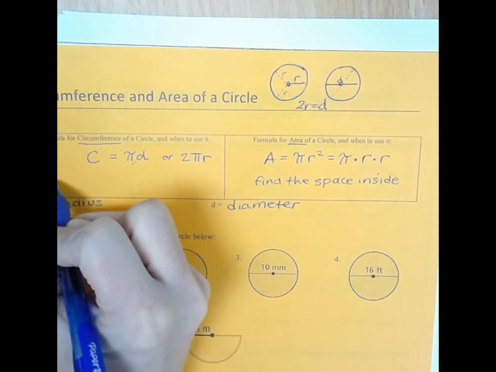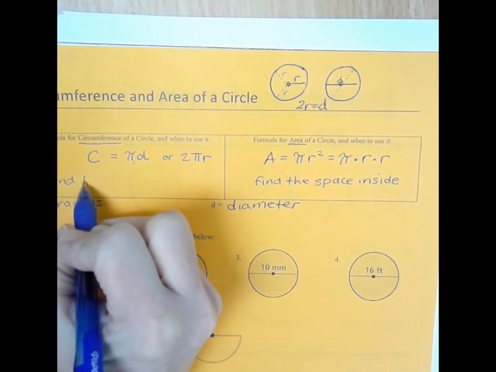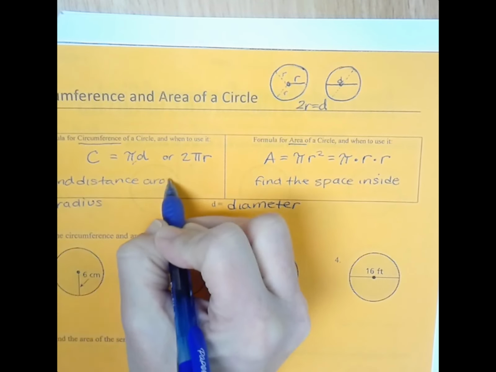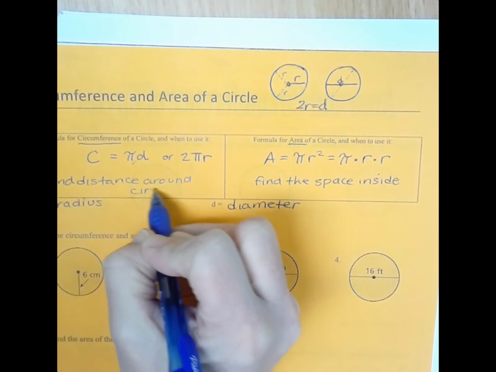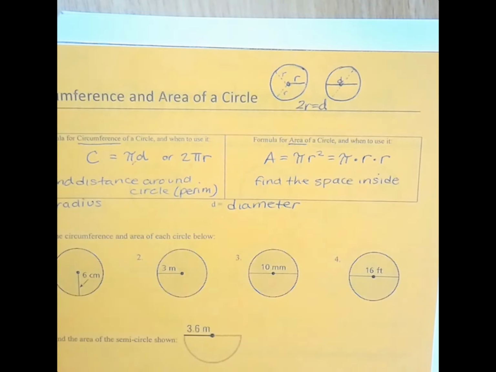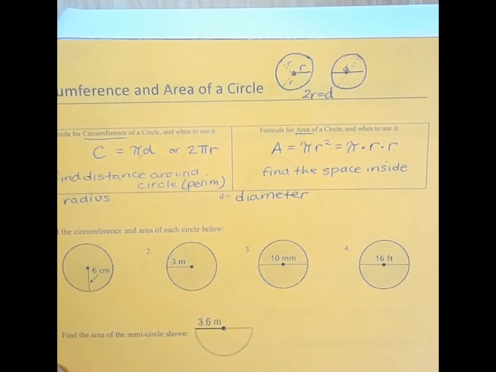Circumference is used to find the distance around the circle. So it's like perimeter, but it has a special name for circles.